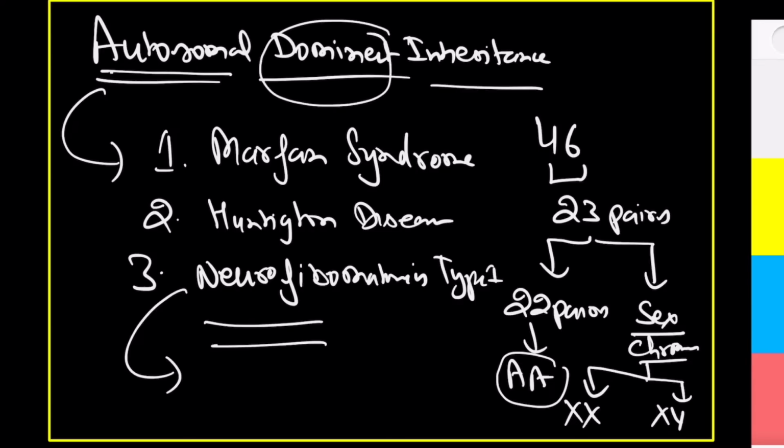Now in case of dominant, you know very well, if the dominant allele is present a single time, even in the heterozygous condition it will be expressed. So keep in mind, the dominant allele will be expressed in the heterozygous condition also.